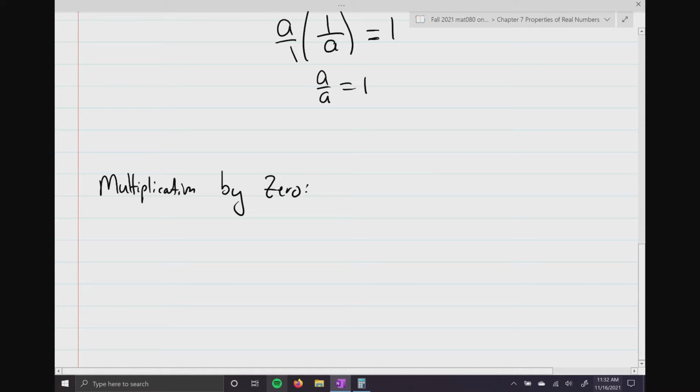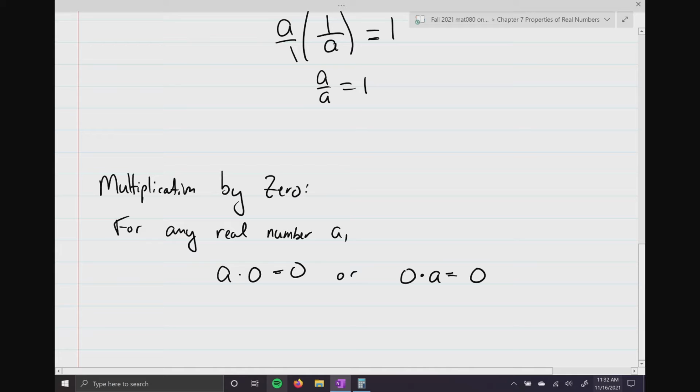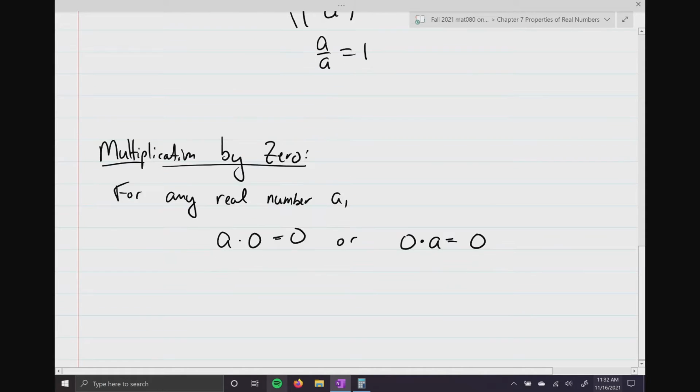Now, the last property I want to go over is just multiplying by 0. I think this is rhetorical in the sense that I feel as though you probably already know this. So for any real number a, we know a times 0 equals 0, or 0 multiplied by a still equals 0. Now, there is one that we have to be careful of, and that is this one right here.